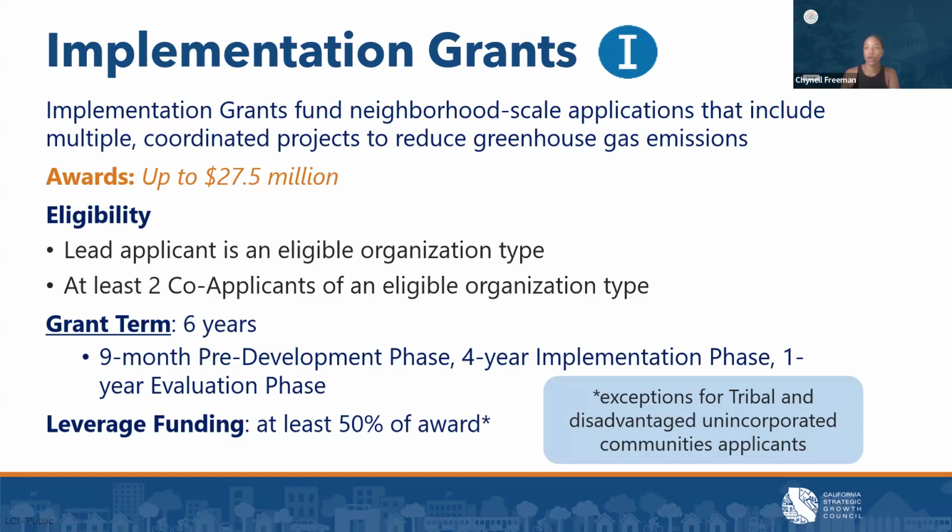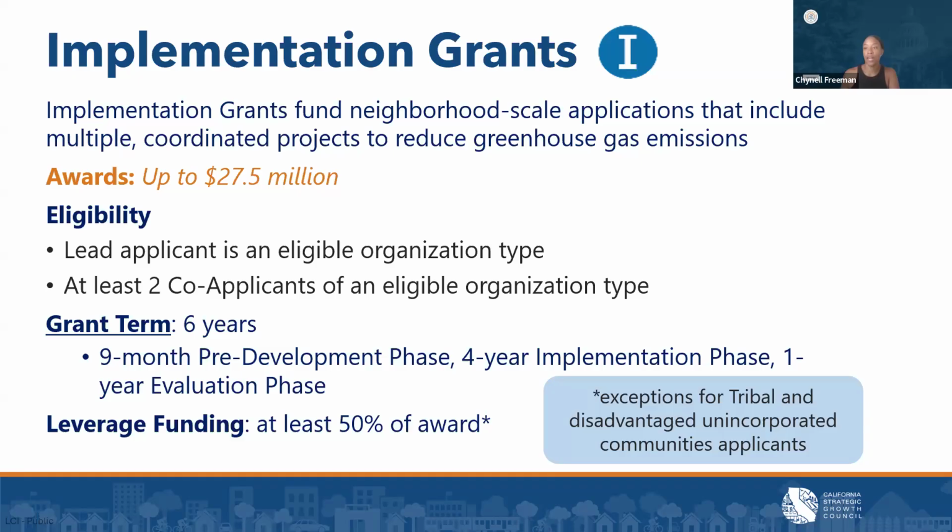Timeline-wise, implementation grants have a 2 to 3 month post-award consultation process to lightly edit the pre-development phase work plan and budget, as well as to finalize their grant agreements. The grant then has a 6-year term, which includes a 9-month funded pre-development phase to complete a detailed work plan and budget for the implementation phase, and to conduct any remaining pre-development work.